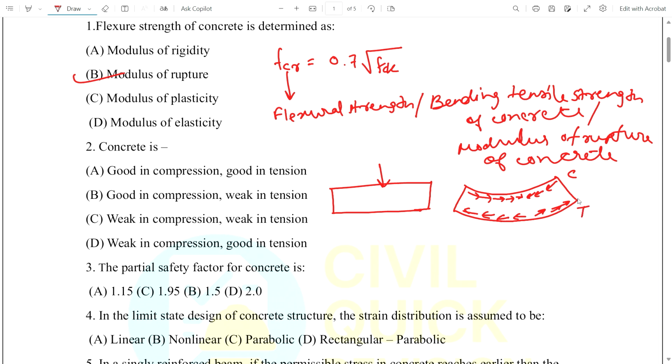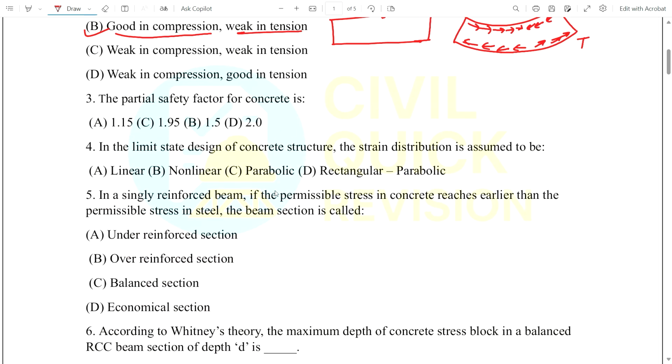This is tensile force, and above it is compressive force. So concrete is mainly good in compression and weak in tension. You already know this thing. So option B is the correct answer: good in compression, weak in tension. These are very common questions asked, mainly for JE. You just remember this.